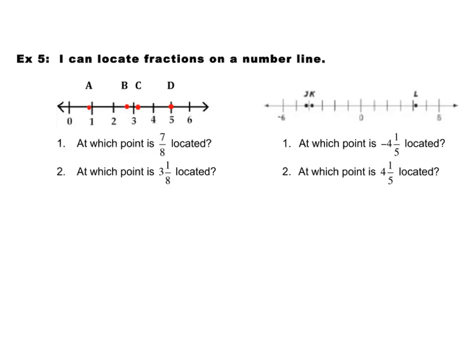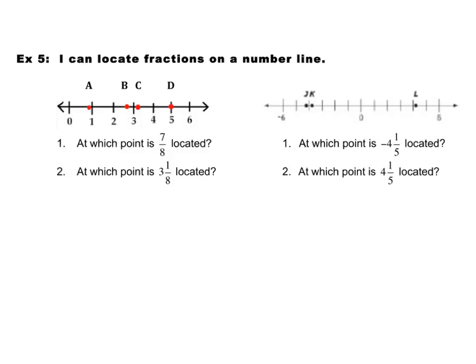All right, in our last example, how can I locate fractions on a number line? At which point is 7/8 located? Well, you have to take a look at what units are breaking up your number line first. If you take a look at the first number line there, it is broken up by just 1, 2, 3, 4, 5, and 6. We know that 7/8 is going to be less than 1.